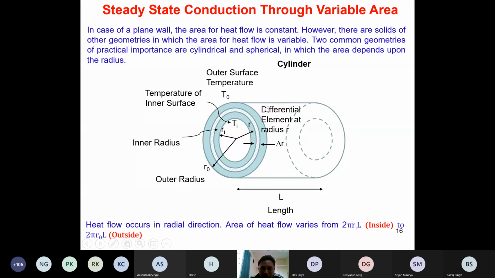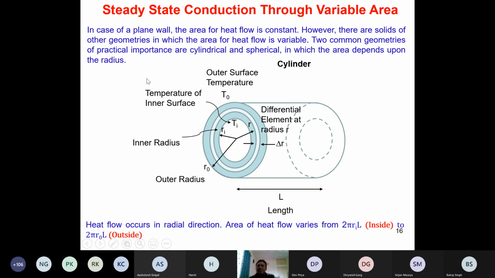So this is a hollow sphere where the heat transfer takes place from the radial surface area. Okay. So similar examples we can have for a spherical geometry, where also as we move from the center to outside, depending on what radius we are looking at, the heat transfer area is going to vary. Okay.